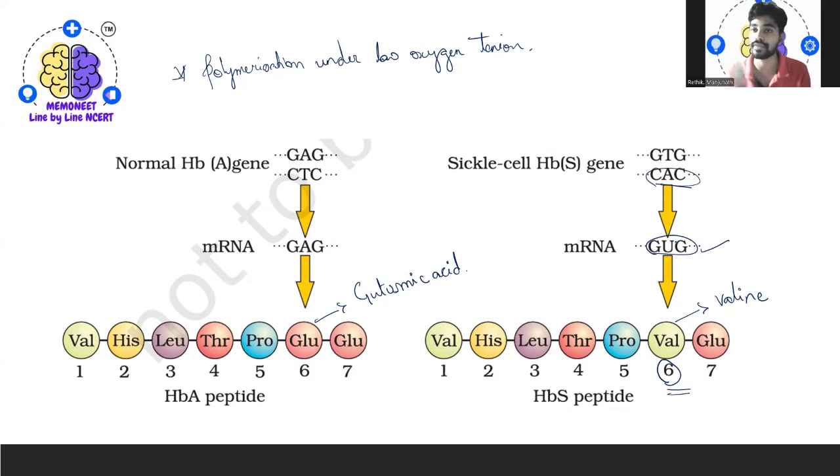As a result, the mutant hemoglobin molecules undergo polymerization under low oxygen tension, which changes the shape of the RBC from a biconcave disc to an elongated sickle-like structure. So this is all about sickle cell anemia and how it actually happens.